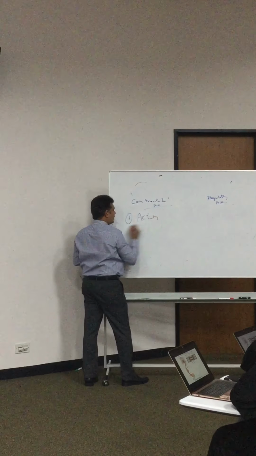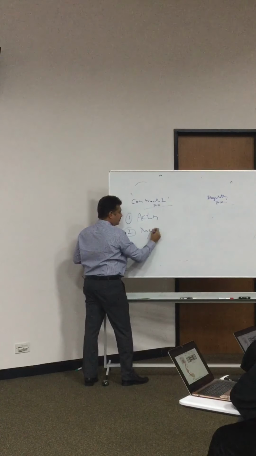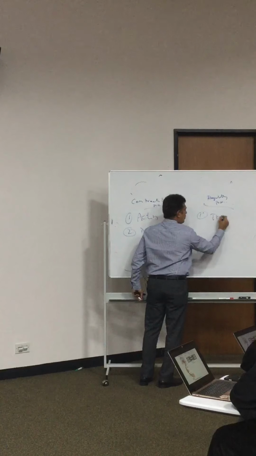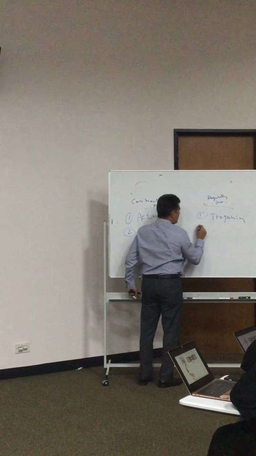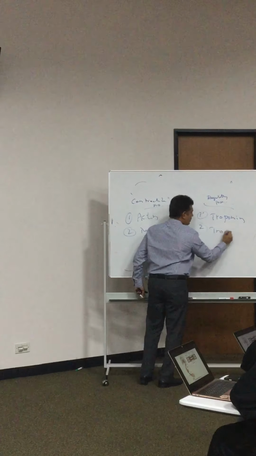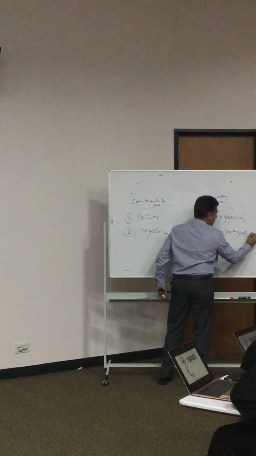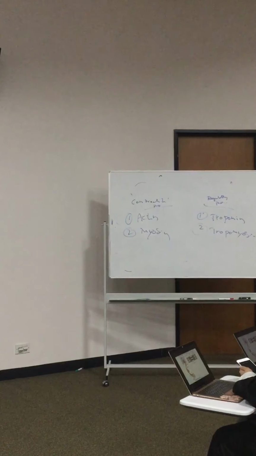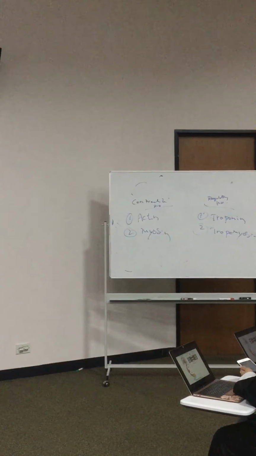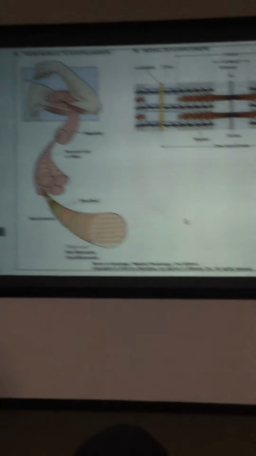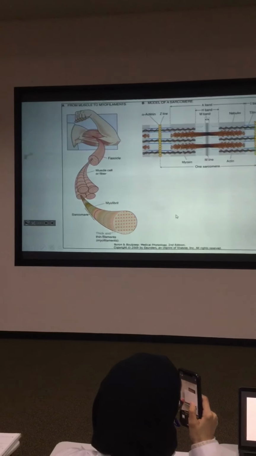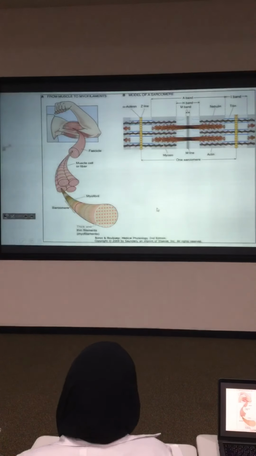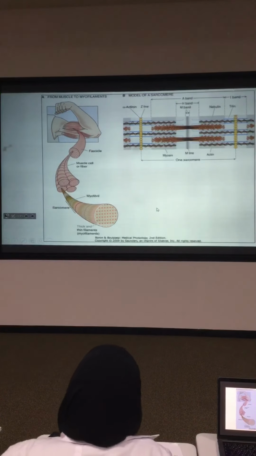Actin, 2. Myosin. Regulatory proteins: 1. Troponin, and 2. Tropomyosin. So troponin and tropomyosin are the regulatory proteins, and actin and myosin are your contractile proteins. These proteins are arranged in a definite pattern. That is what gives a sarcomere its light and dark bands. That is what appears under the microscope as striations.